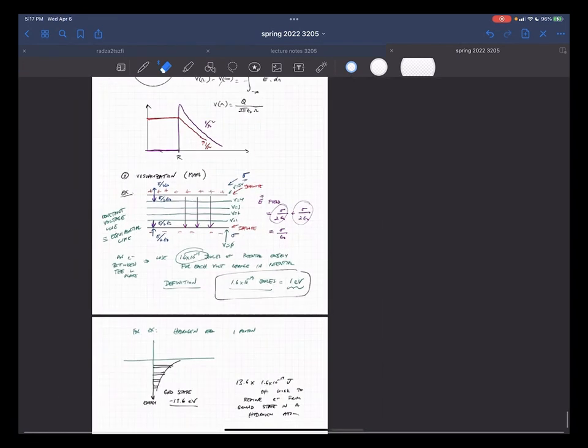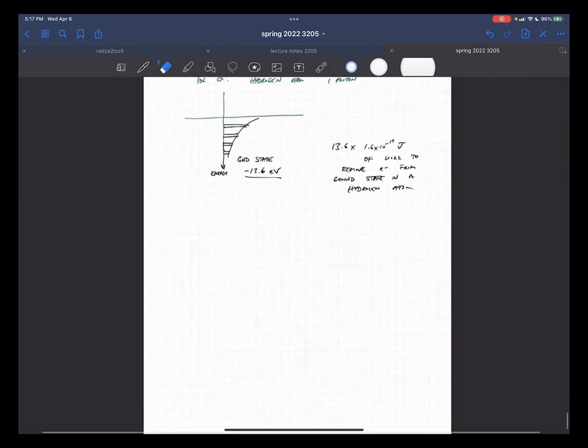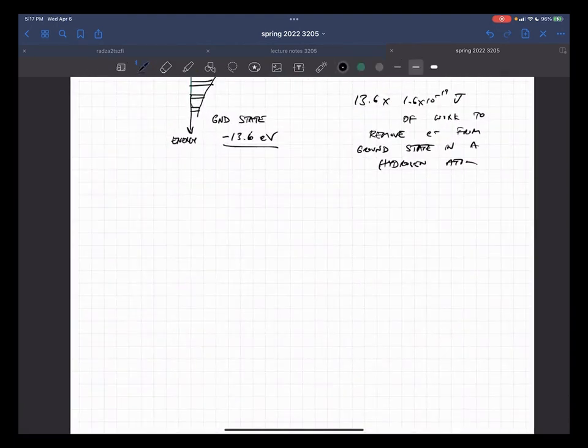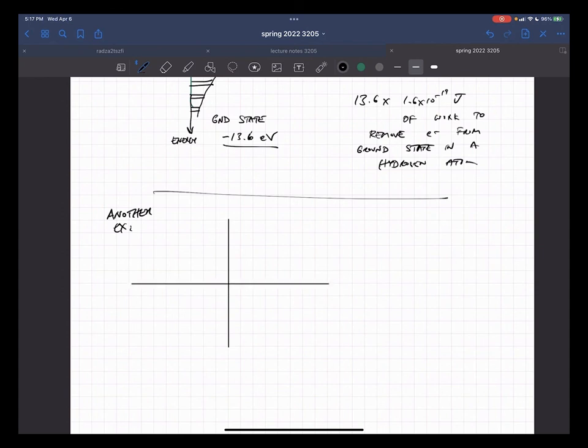So for example, let's use another example, a point charge that we've looked at a lot.